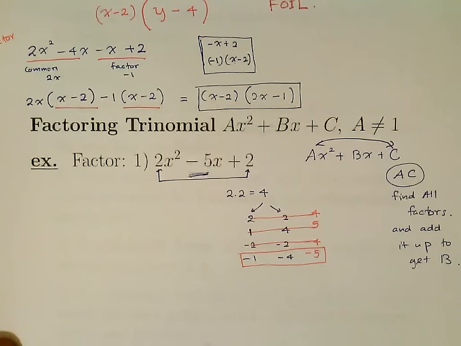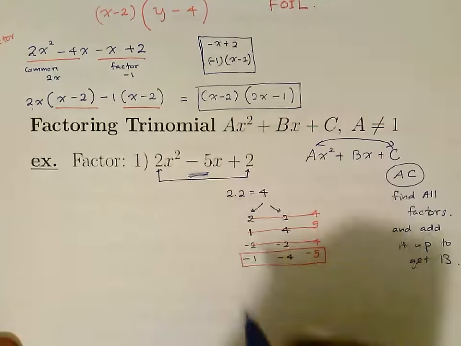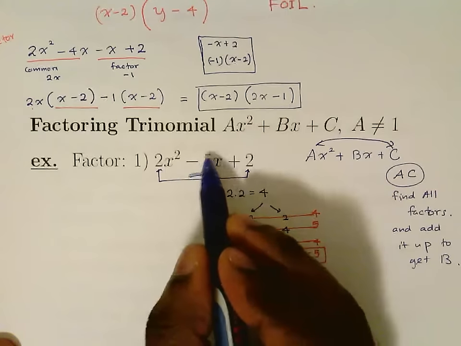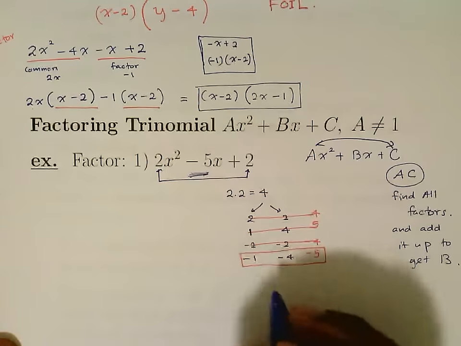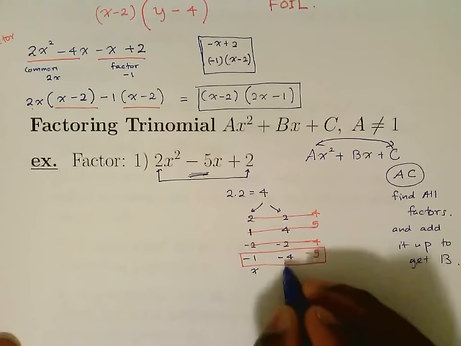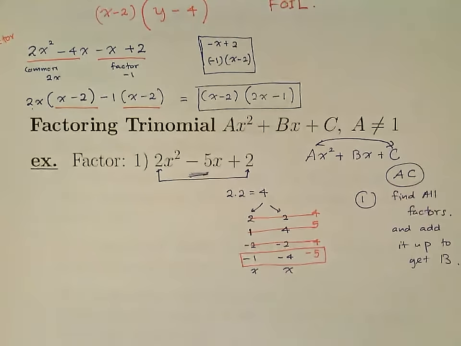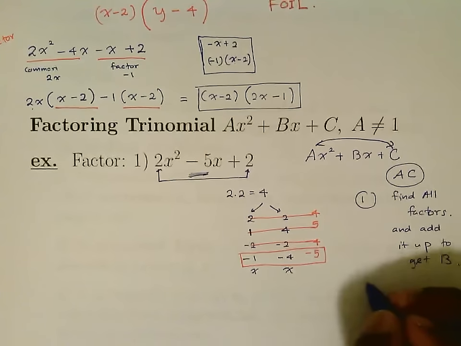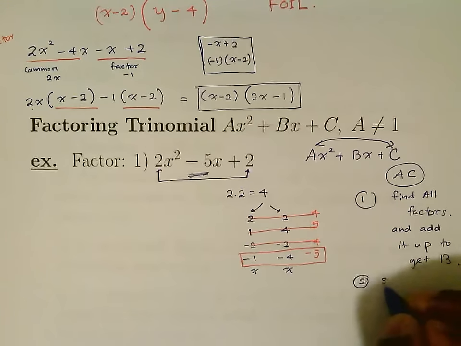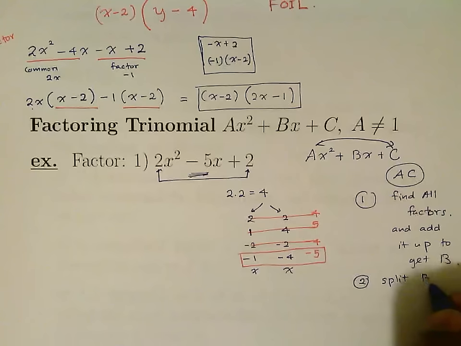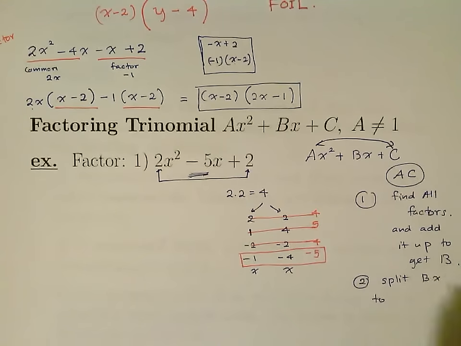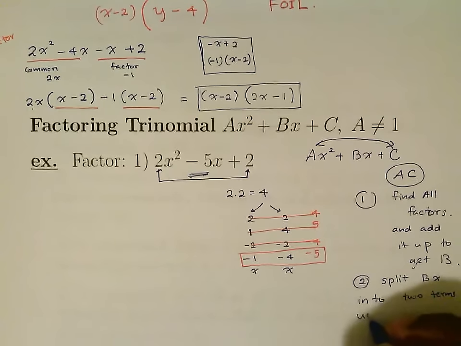Okay. So you will now break this -5x into -x minus 4x. So that is a really important step. So find all factors and add them up to get B, to split Bx into 2 terms using step 1.